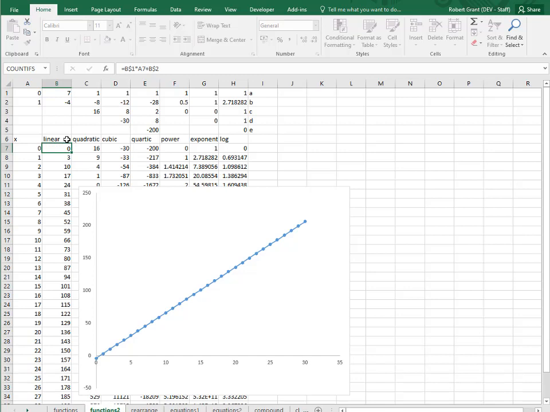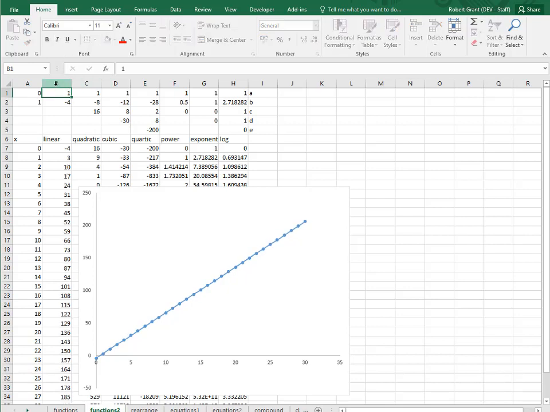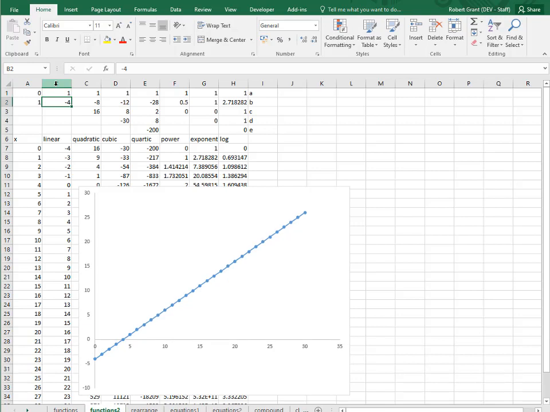So if we increase the 7 to 8, you see what's happened is that this has become steeper. Look at where this is coming to. It's going up nearly to 250. If we take this back to where it was before, 7, it goes down. If you change it to 1, then it's much flatter. But the graph is rescaling automatically, so it's hard to see.